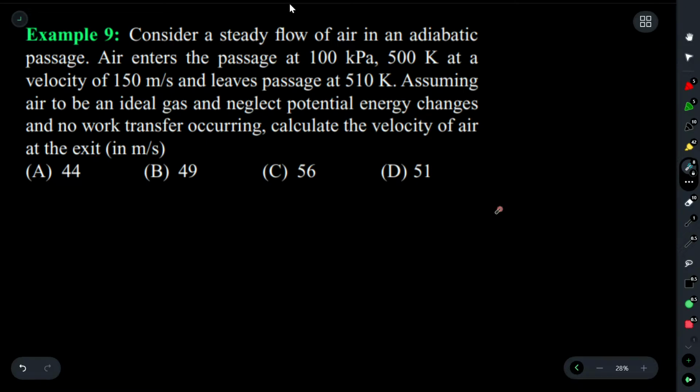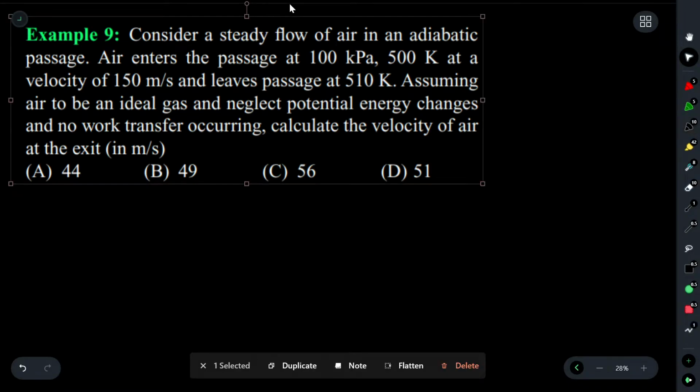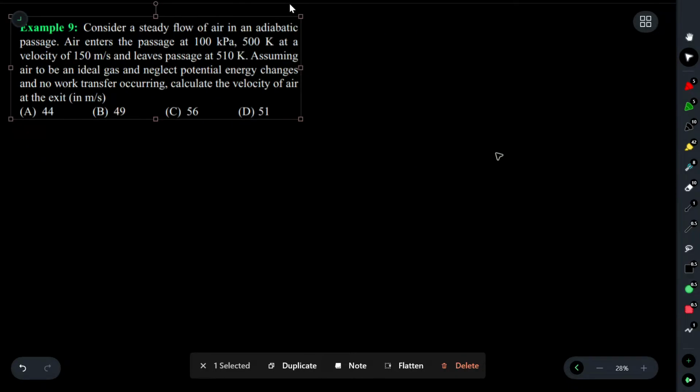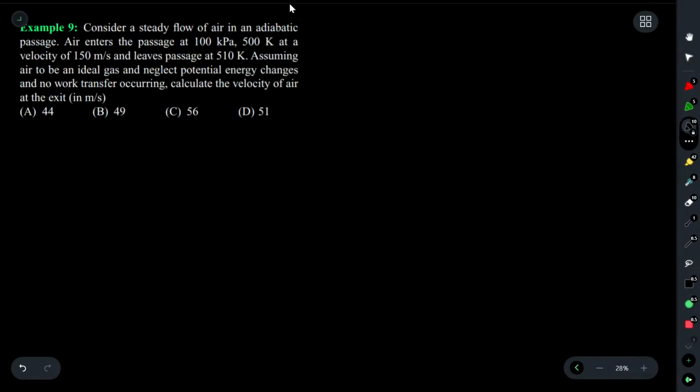So there is a simple passage, let me draw that over here. For that let me minimize this question. There is some passage like this, and we do not have an idea how this passage is. Some inlet condition and some outlet condition is given to us. At the inlet we are given P1, T1, and V1, the velocity.